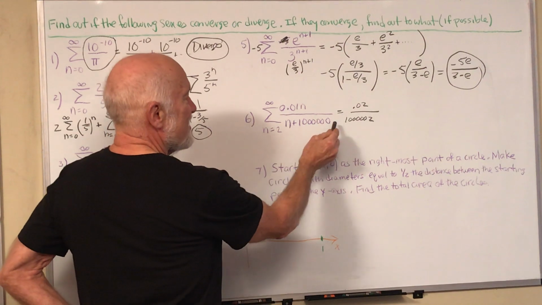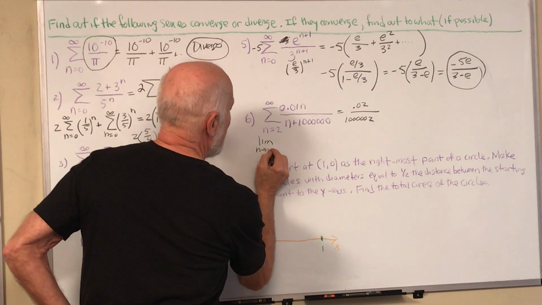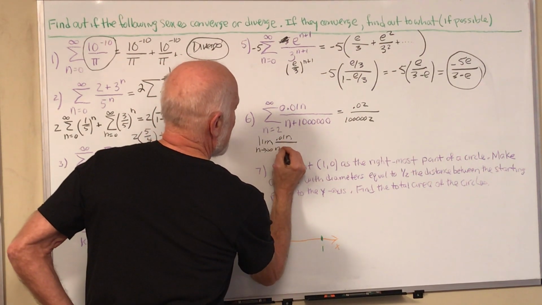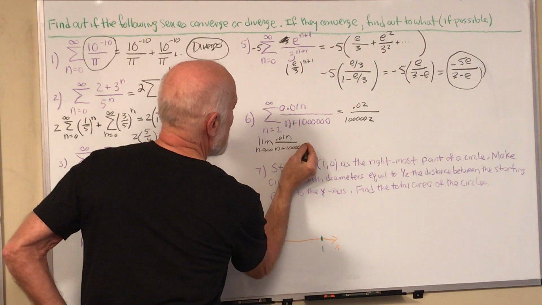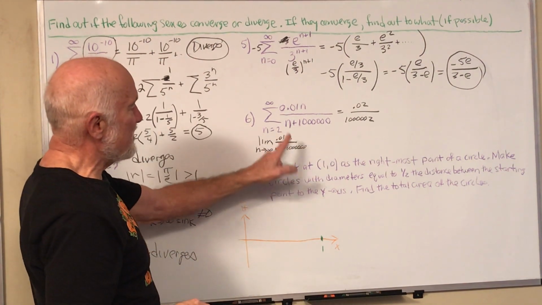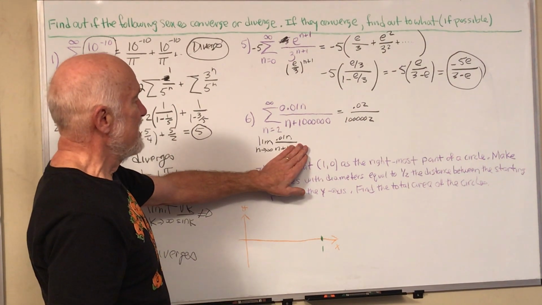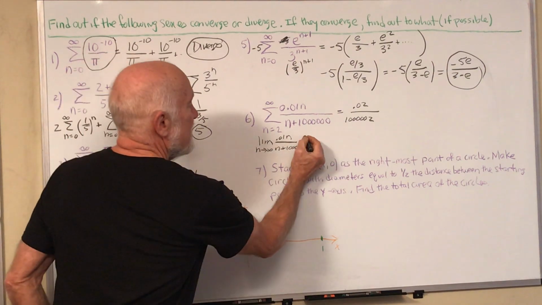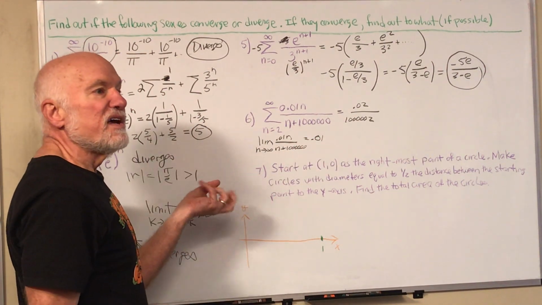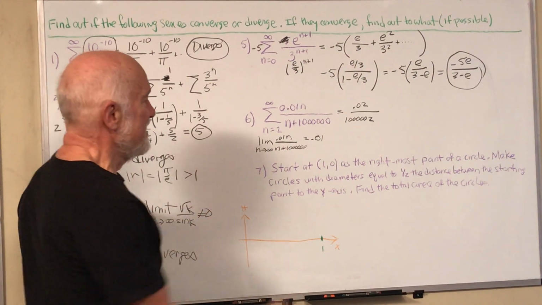But realize, what happens if you take the limit as n approaches infinity of this number? Remember, as n approaches infinity, we can ignore everything in here but the highest power of n. We can ignore the 1,000,000. And what do we get? 0.01. So the terms are converging to 0.01, and that's not 0.